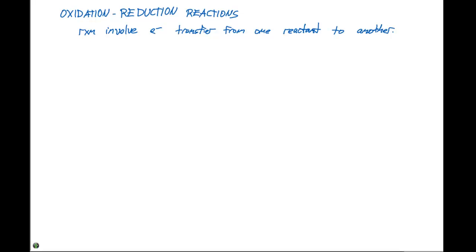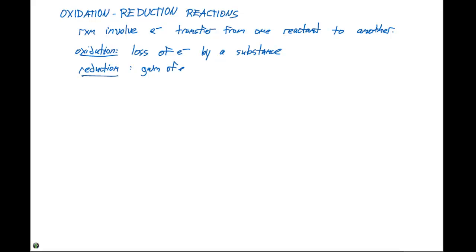So what we need to do first is define oxidation and define reduction. Oxidation can be defined as the loss of electrons by a substance, where reduction is the gain of electrons by a substance.